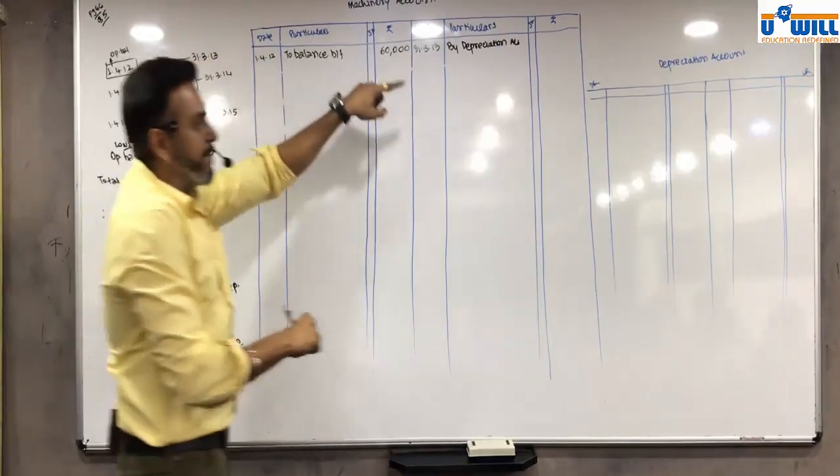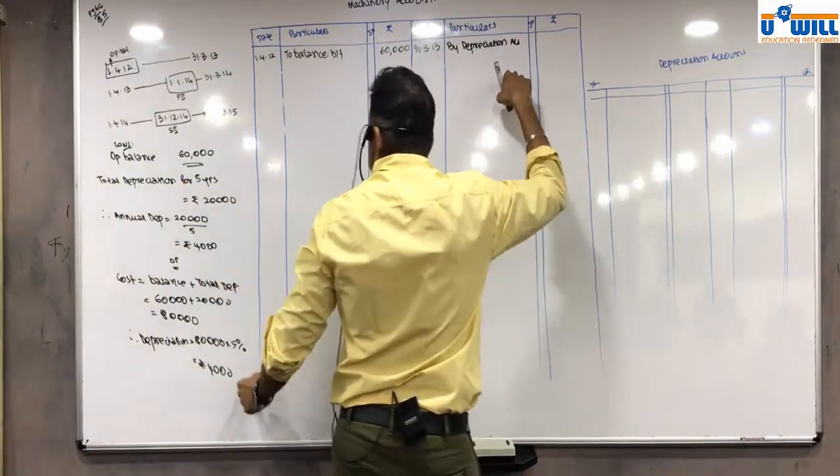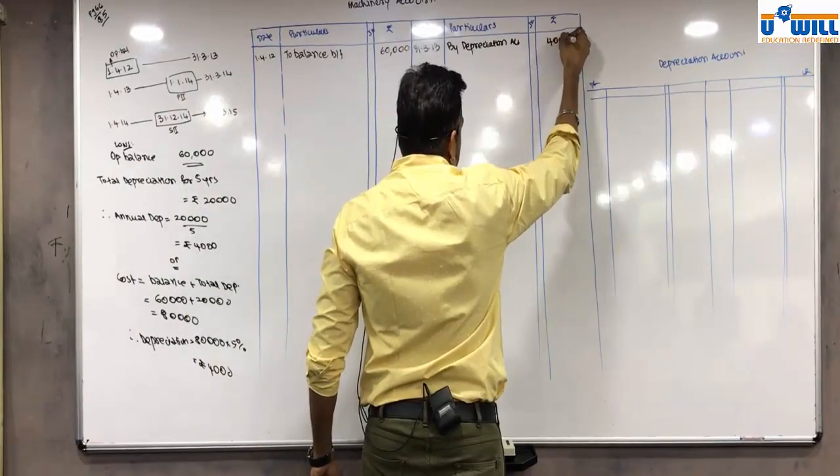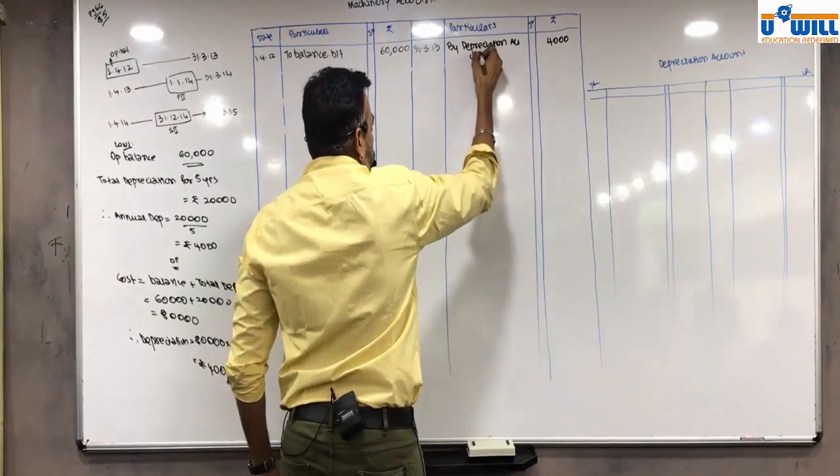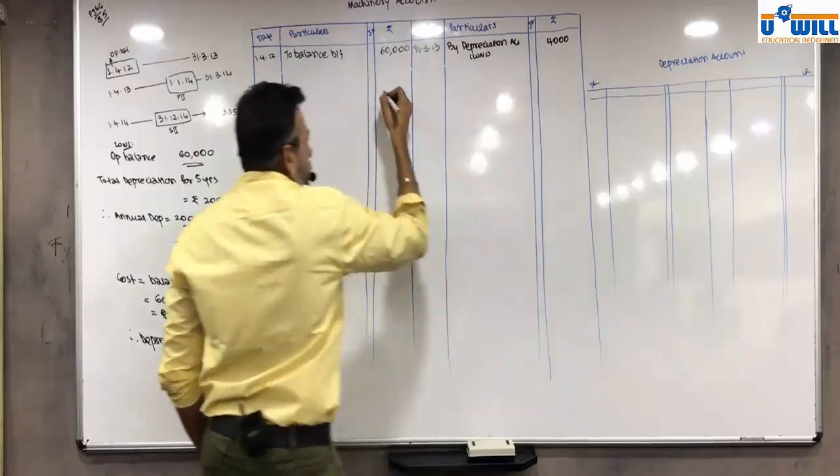Now we write the depreciation account. Every year it will be rupees 4,000. Working note 1. This year is over.